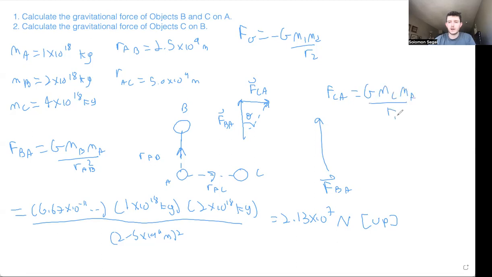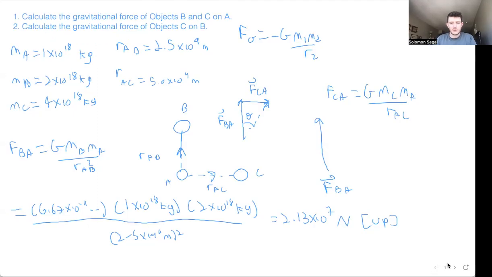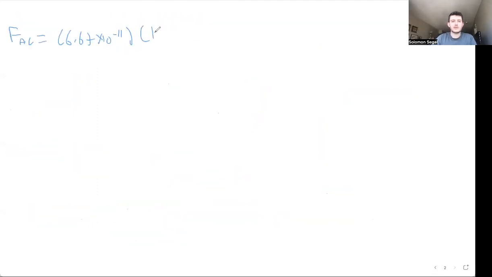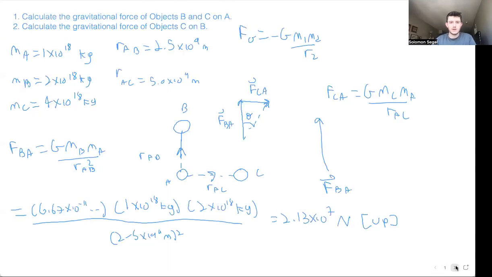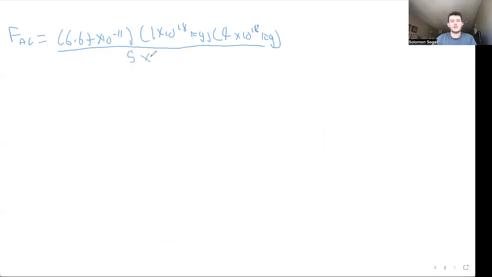So this is going to be G M C M A over R AC. And let's start a new page because it's going to get a bit messy. So F AC is equal to 6.67 times 10 to the negative 11. Then we had 1 times 10 to the 18 kilograms and 4 times 10 to the 18 kilograms. Divide all of that by R AC, which was 5 times 10 to the 9 meters squared.